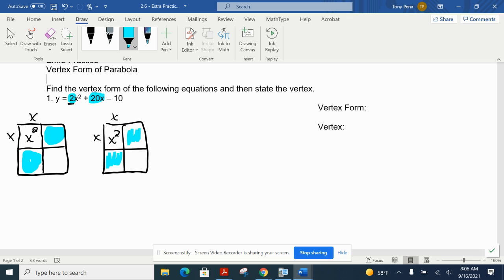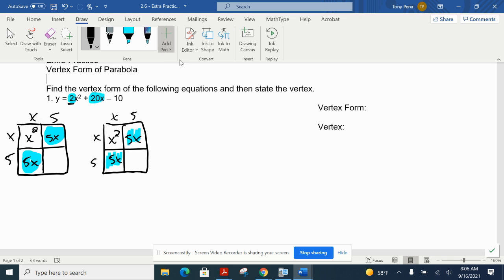Good. So each one of those has to be a 5x. So we put some 5x's in there. That then means across the top of these, we have to have 5s. That way we get the 5x's in each of those 2 corners.